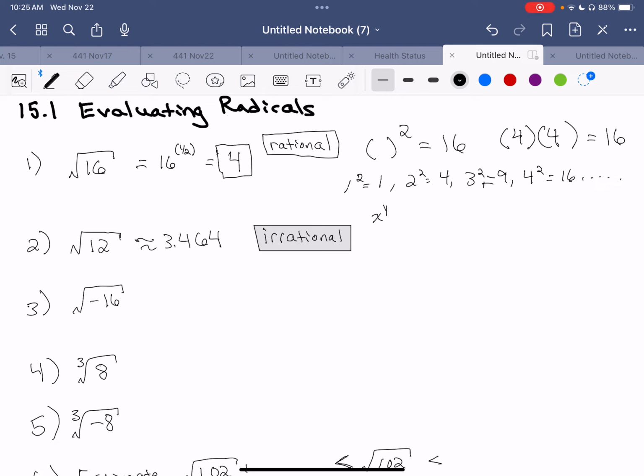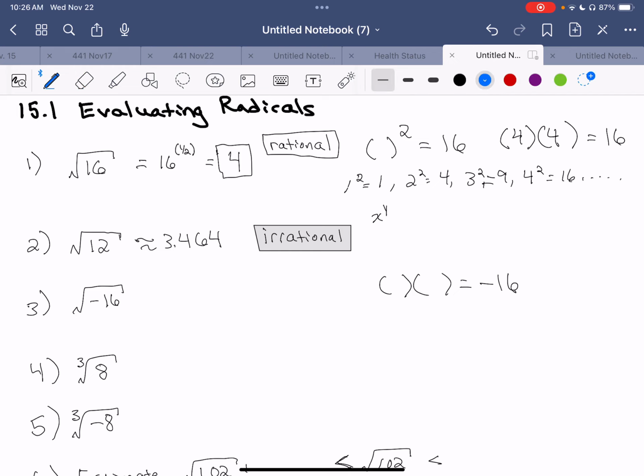Square root of negative 16: we're asking ourselves what number times itself would equal negative 16? Negative 4 doesn't work. Negative 4 times negative 4 would give us positive 16. And 4 doesn't work, and we can't do positive 4 times negative 4, because that's not the same number times itself.